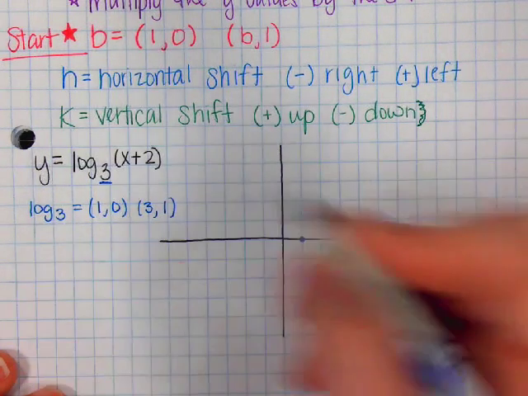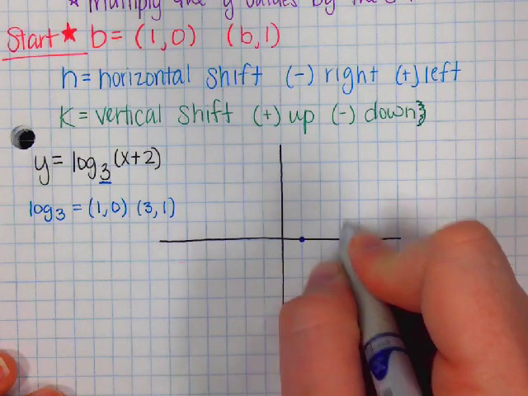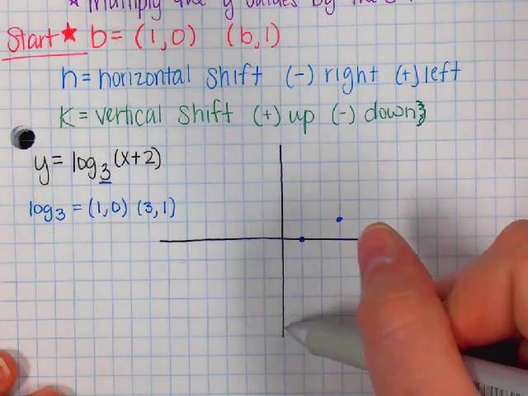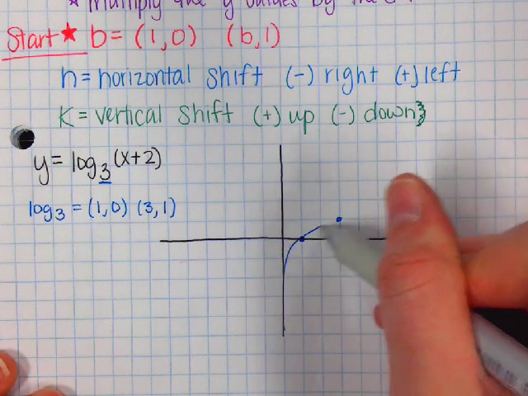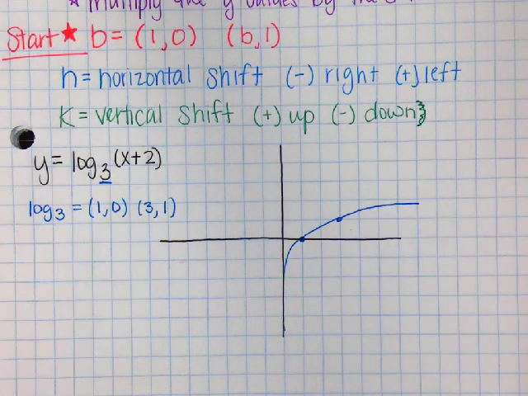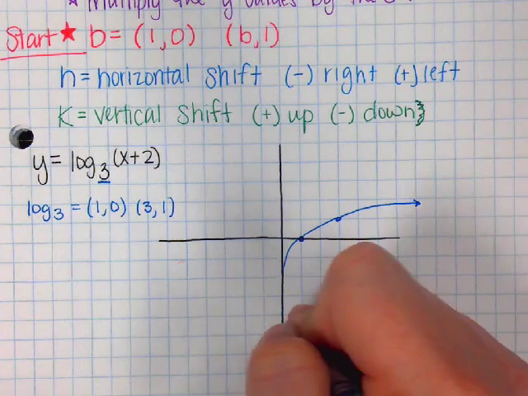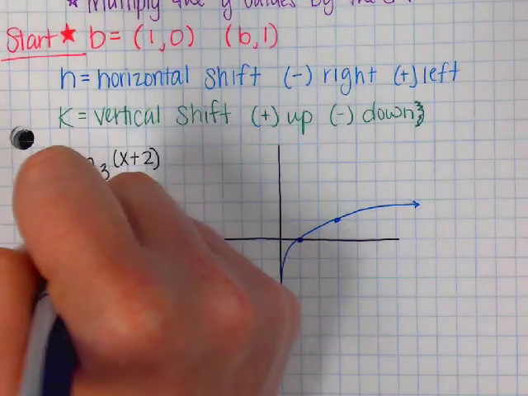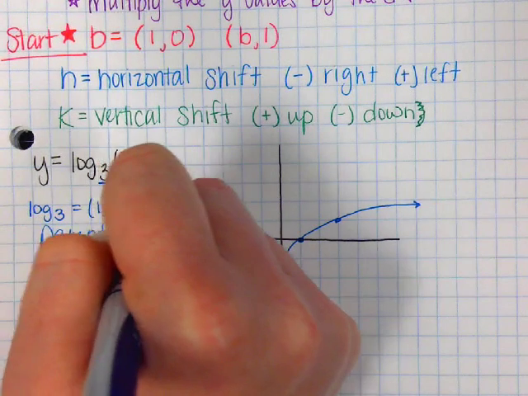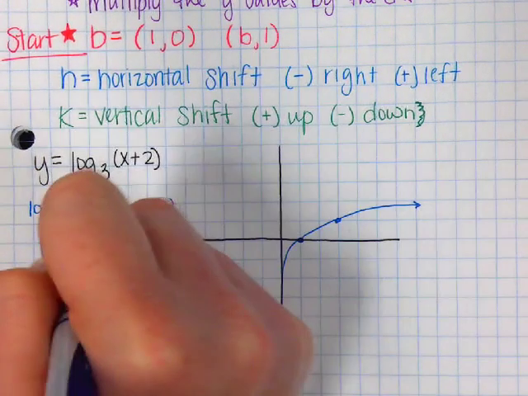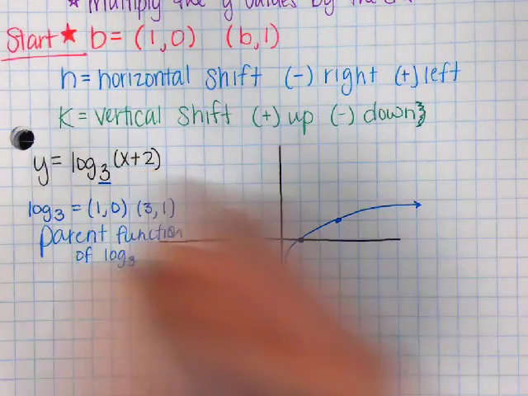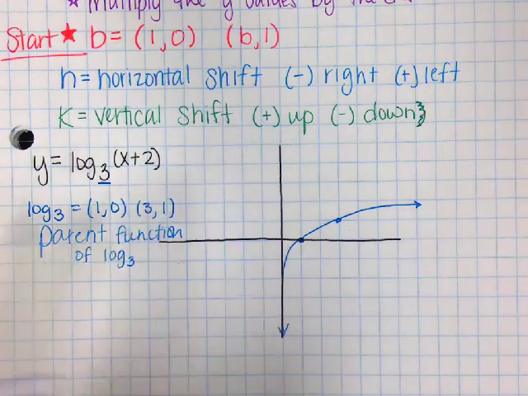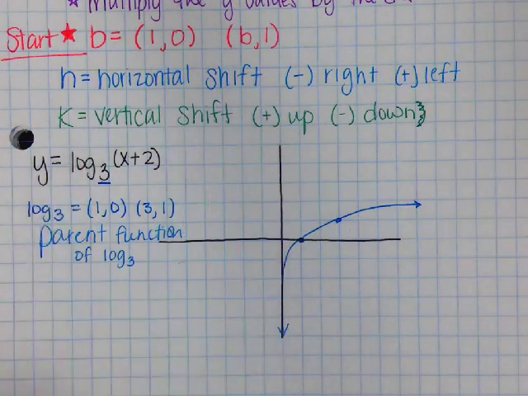So I'm going to put the point 1, 0, and the point 3, 1. And then it's going to just look like that. If I'm not able to use a calculator, that's all I can get. That's the parent function of log base 3. Now I need to transform it based on h and k.